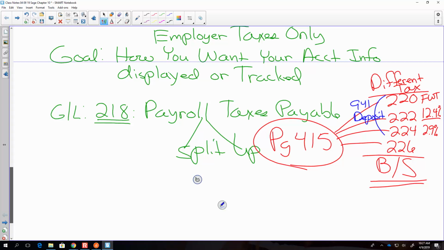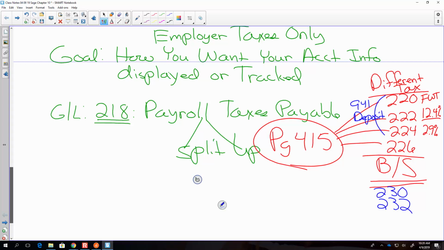If you look at figure 1011 on page 416, we have account 230 and account 232. What are those? Unemployment. The unemployment ones. Yep. So they are separate also, right?